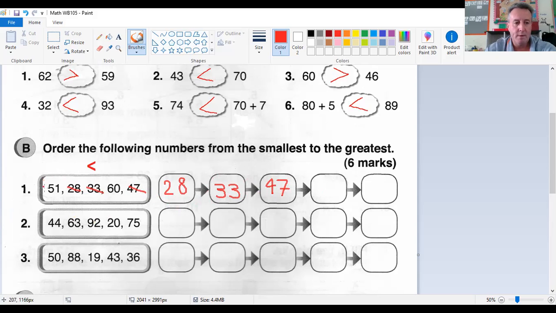Next one, 5 tens or 6 tens. 5 tens. 51. That one out. That leaves only one left. Means the biggest number is 60. Write that in.